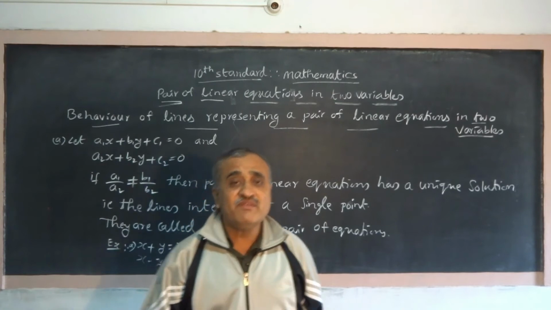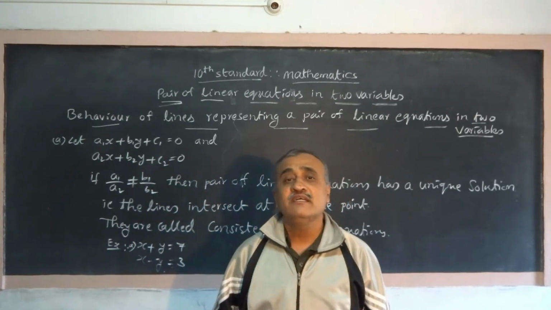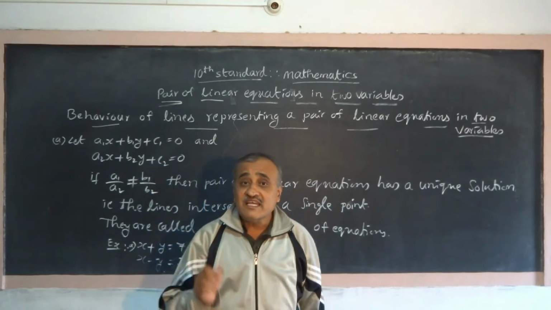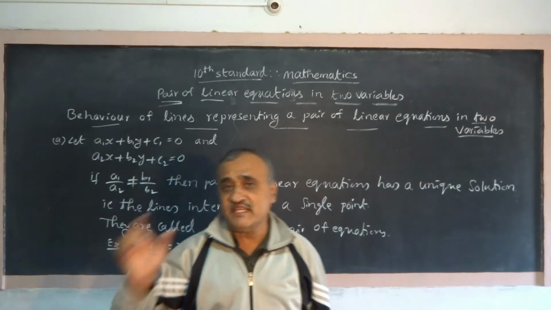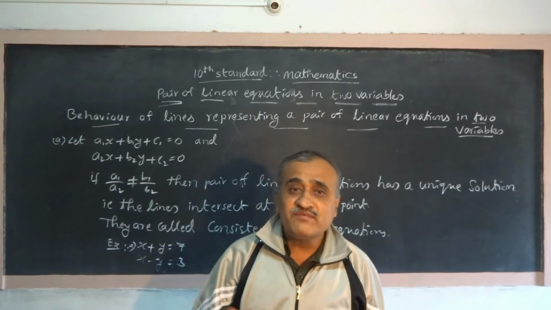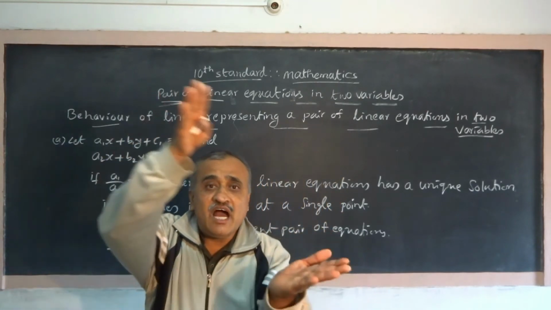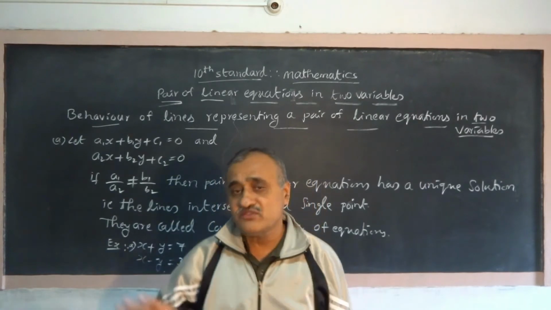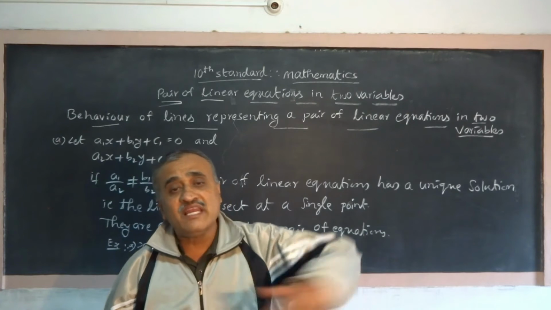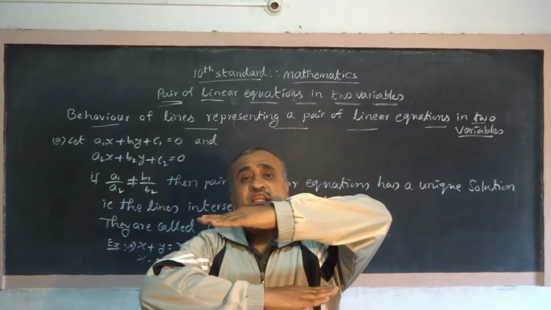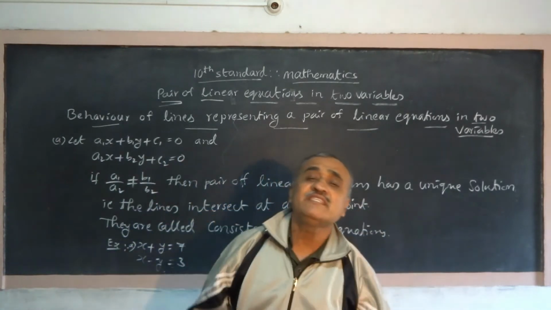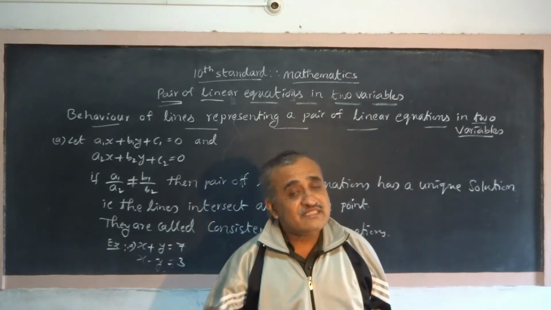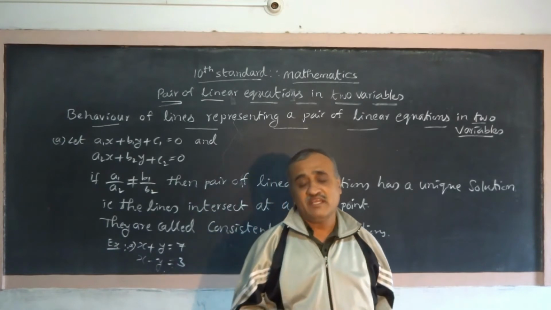What is the behavior? We have seen that if the lines intersect, they are a consistent pair of linear equations. If the two lines lie on one another, they are called coincident lines. And if they are parallel and do not intersect with each other, then we call it an inconsistent pair of linear equations.